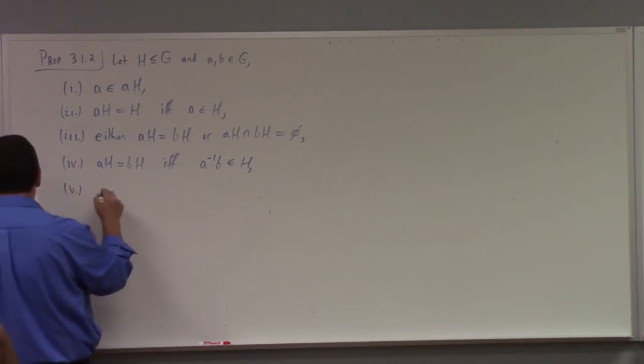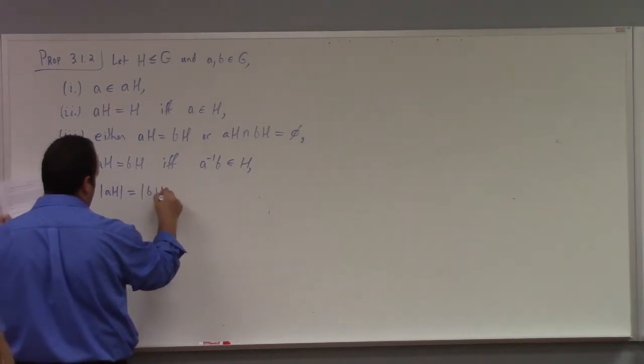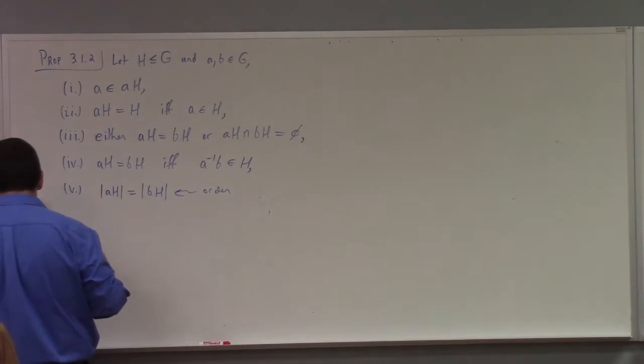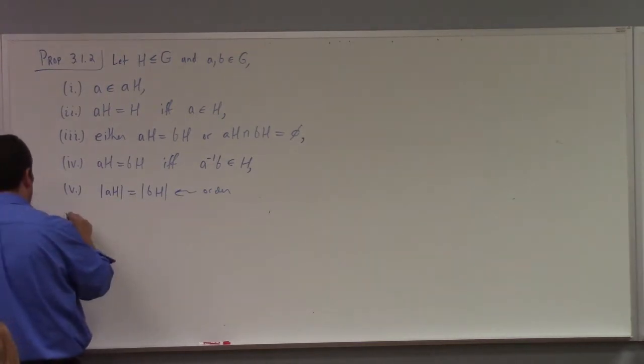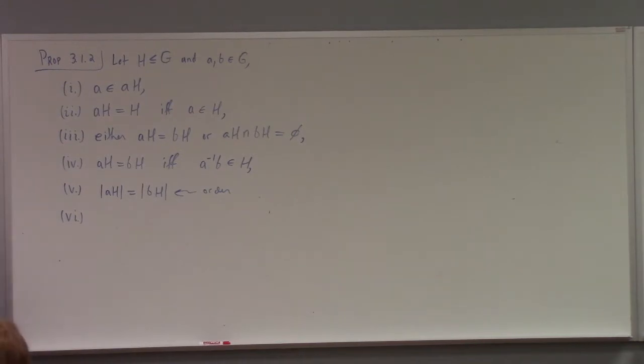Point 5, the order of aH is equal to the order of bH. Here I mean order, in other words, count the number of things in there, yeah? So like the order of this class. I think the order is 21.